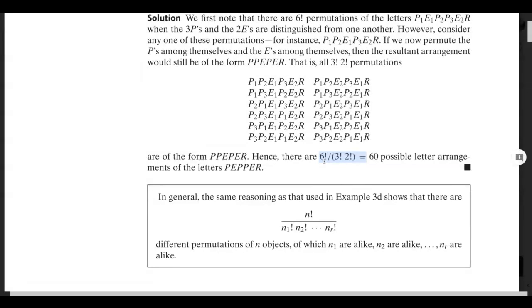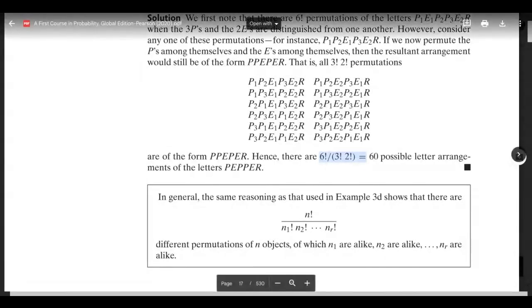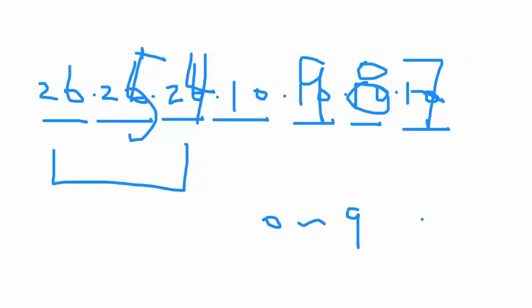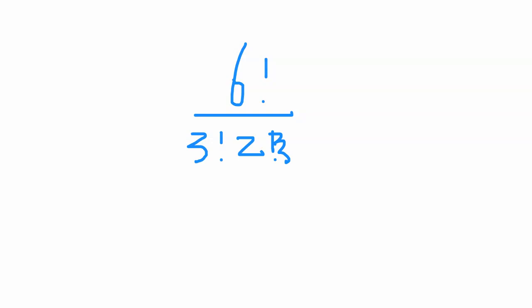So how do we calculate the division? We have 6 factorial divided by 3 factorial divided by 2 factorial. 2 factorial we know is 2, because 2 times 1 is just 2. 6 factorial is 6 times 5 times 4, then times 3 factorial.